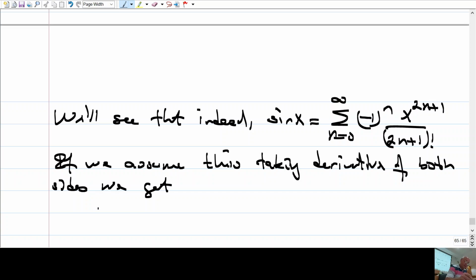The derivative of sine x is just, okay, sine x. I know that if you have a power series equal to some function, then its derivative is computed again as a power series where you just take the term-wise derivative, right? So it's just the derivative of this expression.